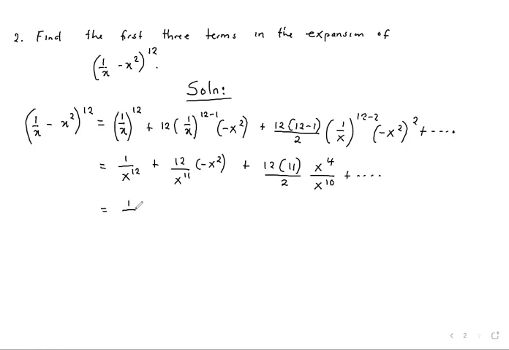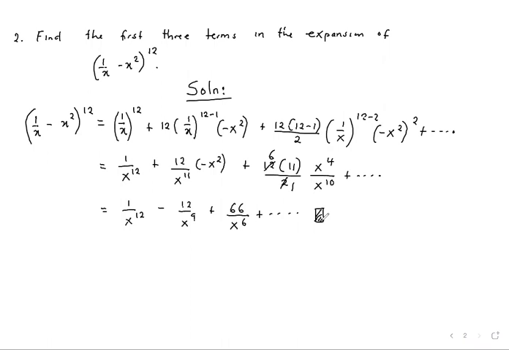So that we have 1 over x power 12 minus 12 over x power 9 plus 2 here, 1, 2 there, 6. 6 by 11 is 66 over x power 6. You have the first 3 terms there.